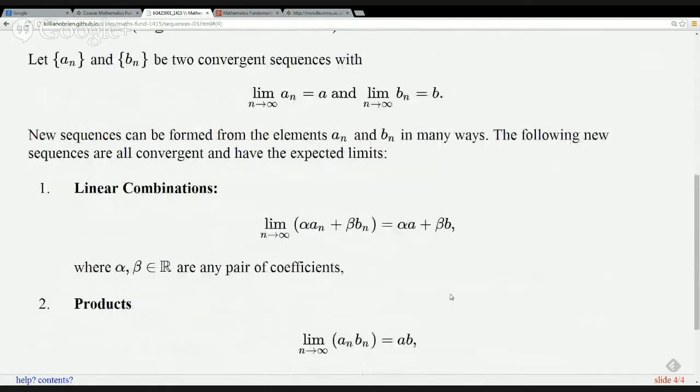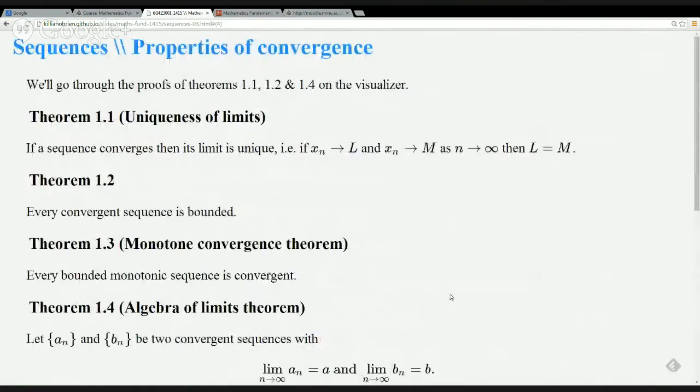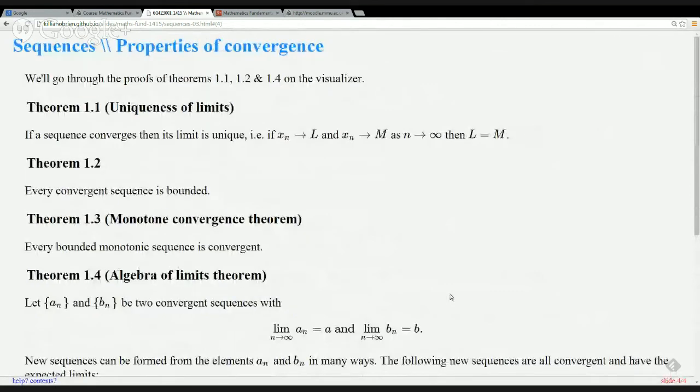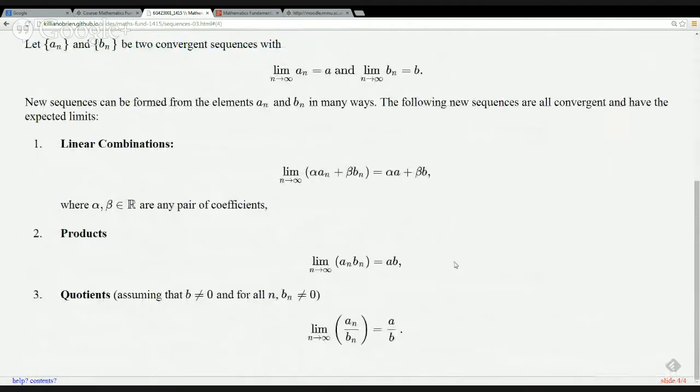And so the algebra of limits theorem has 3 cases dealing with linear combinations, products, and quotients. Right? And it's saying that if you've got 2 convergent sequences, a sequence AN converging to A, a sequence BN converging to B, that any of these 3 ways of mixing them together, producing a third sequence, the third sequence will be convergent and it'll have the corresponding limit.